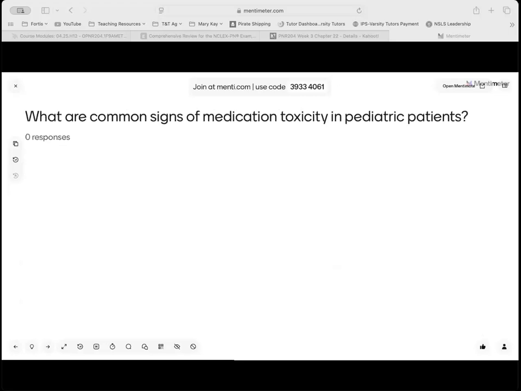If we had medication toxicity, what are some of those common signs that you might see? What tells you they're having an adverse reaction?